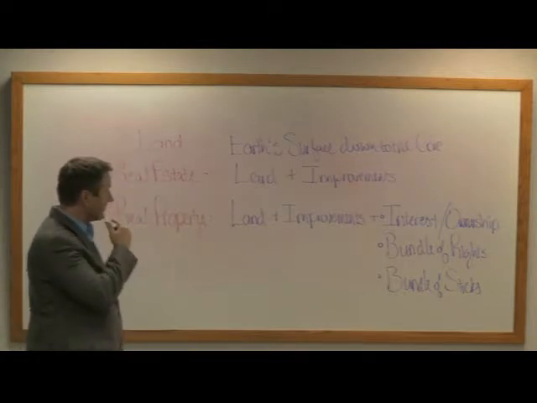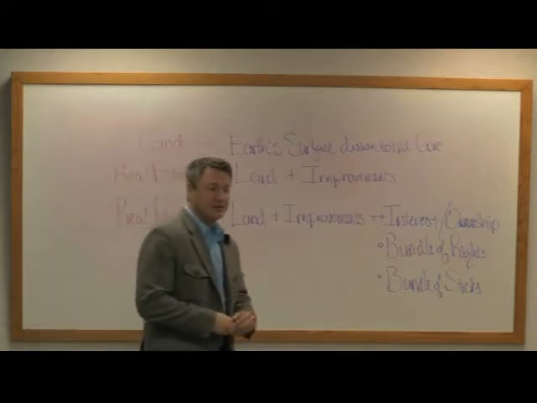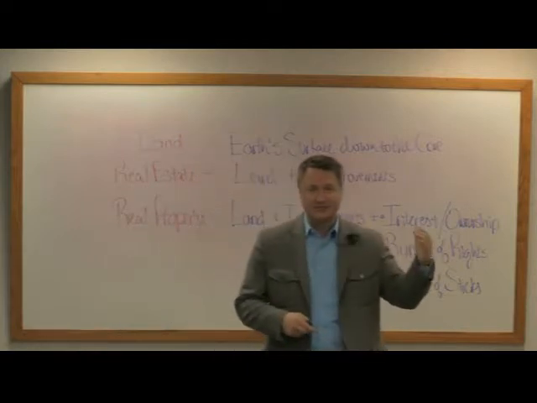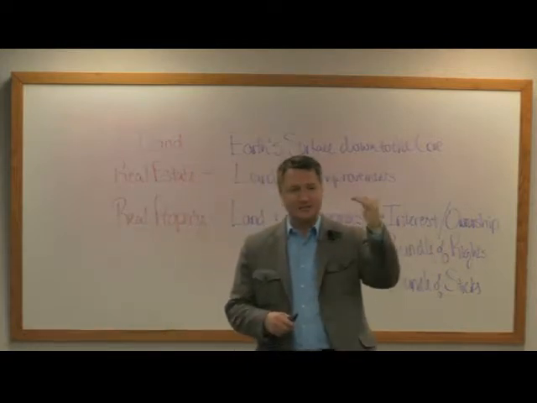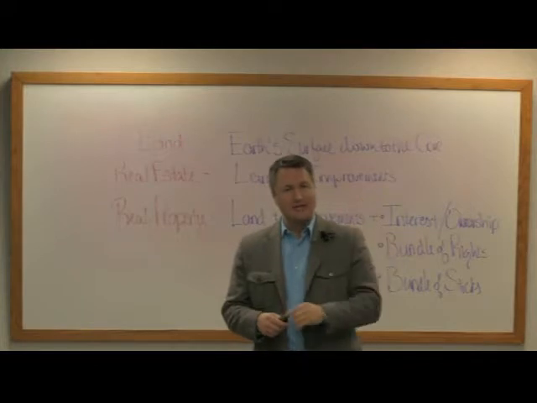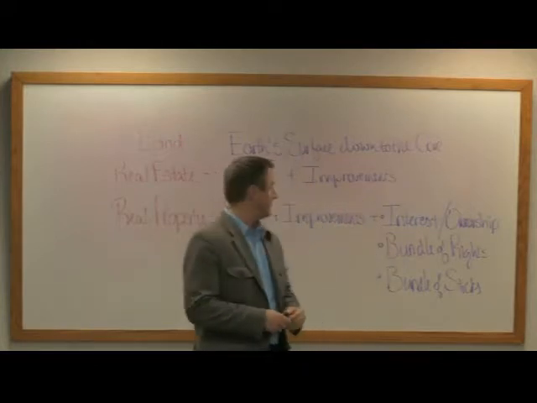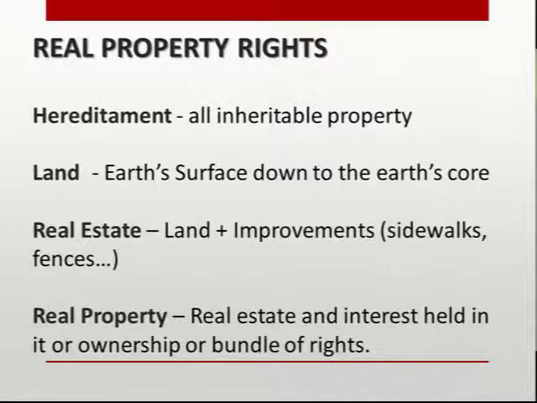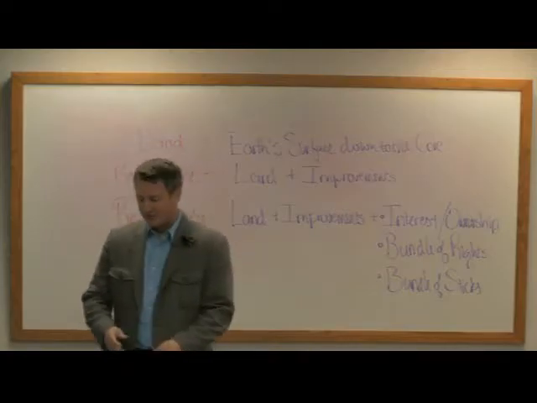Land, remember my picture from earlier when I was describing the physical characteristics of land. It's from what you own all the way down to the earth's core. That's land. Real estate is land plus improvements.